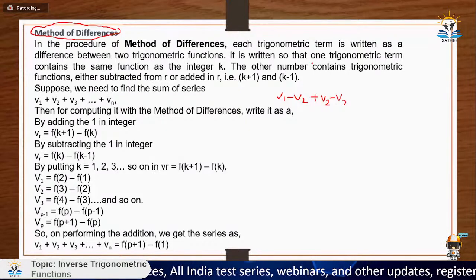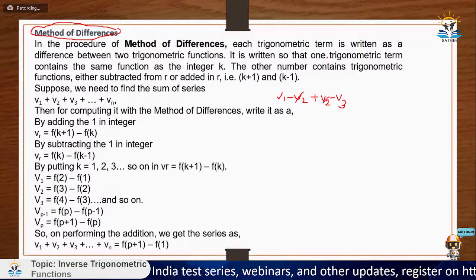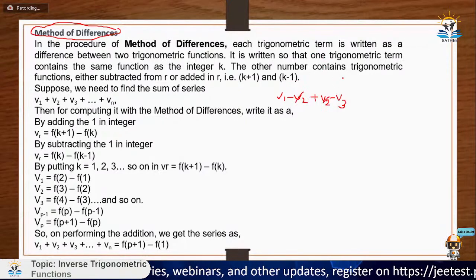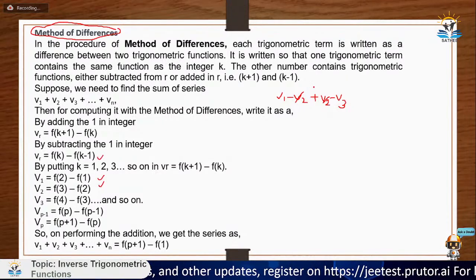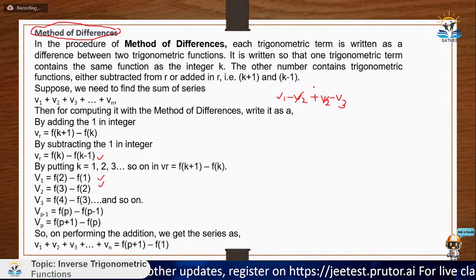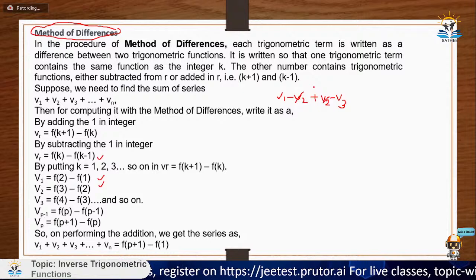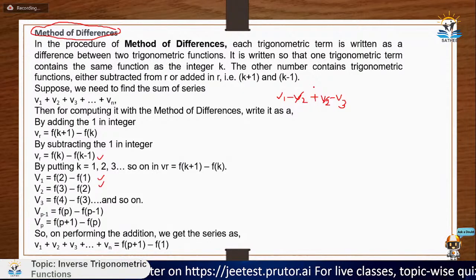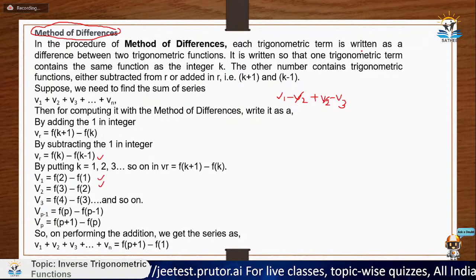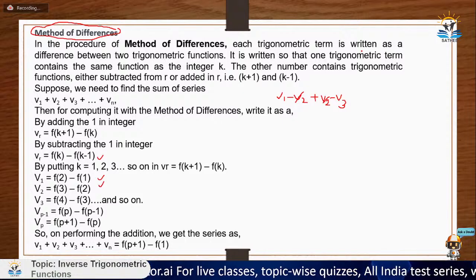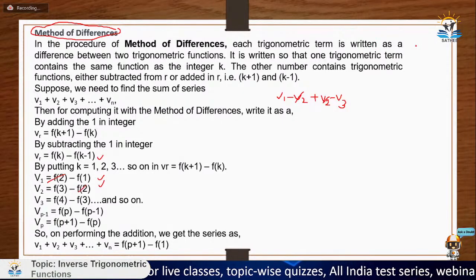And we know the property cosec square x minus cot square x equal to 1. This is a property we use many times in trigonometry, so we will use it here also.